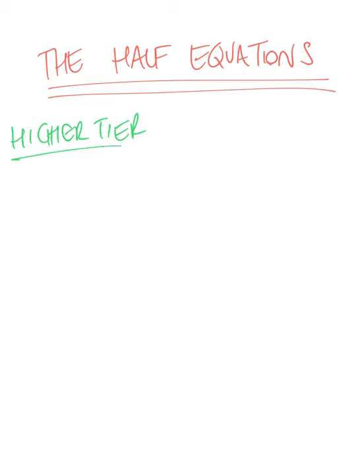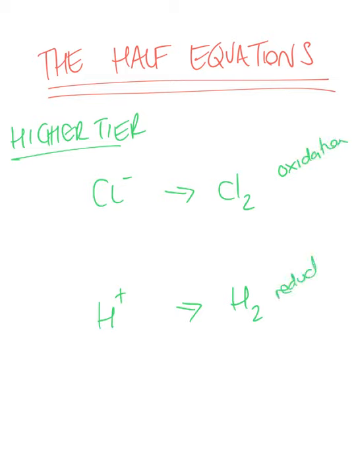Half equations describe what it is I just wrote down on the previous slide. What I had written down was the fact that Cl- turns into Cl2, and then I've got H+ turning into H2. I said that this was oxidation and this is reduction.